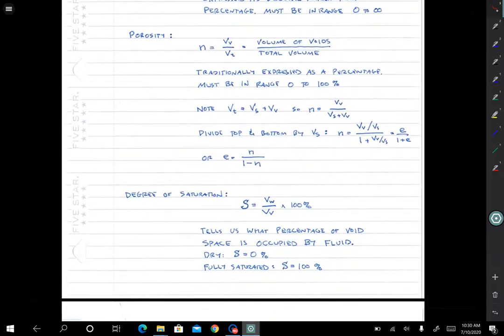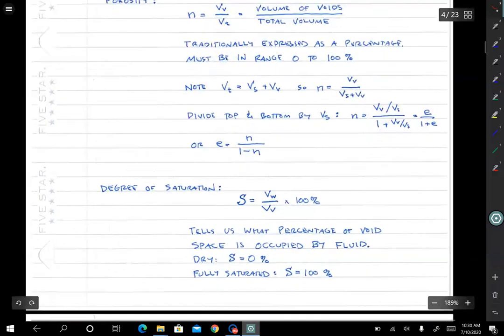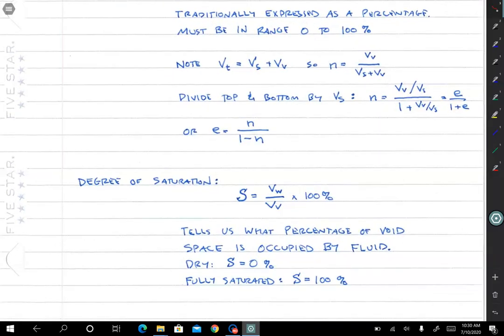All right, the next quantity that's important for us is degree of saturation. And this is a measure of what percentage of the void space is filled up with water. So it's the volume of water divided by the volume of voids. If the soil is totally bone dry, like you go to the desert and just dig up some sand, there's no water in it, then the degree of saturation is 0.